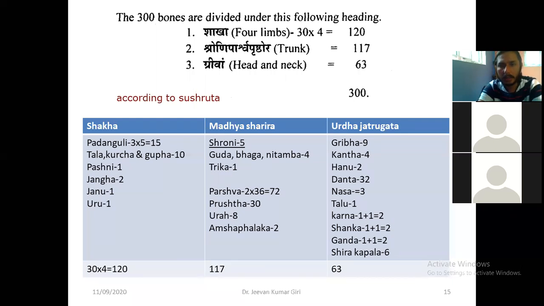Okay, are you getting? Yes, sir. You want to copy this? So this is the enumeration of the bones according to Susruta.